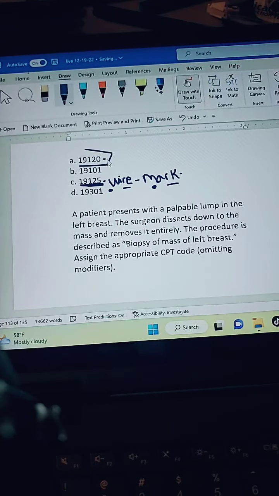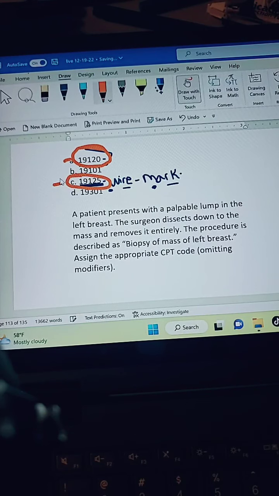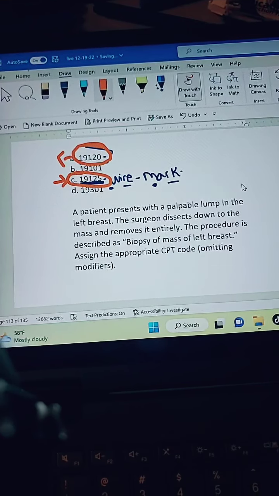So when you're looking for the differences between these two codes, look for anything that says anything about a wire, a previous surgery, leaving behind any seeds or markers. If none of those words are in there, you always know your answer is the 20. This is a common one on medical coding exams, because the CPT code descriptor on these is written really funky and doesn't explain them very well at all.